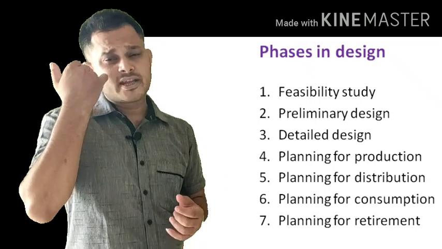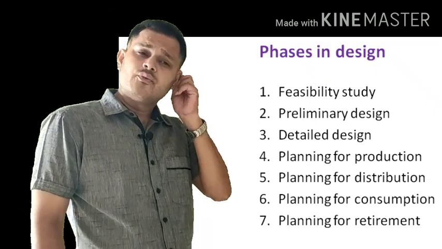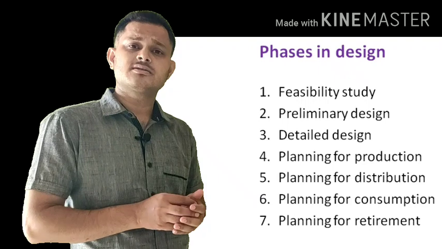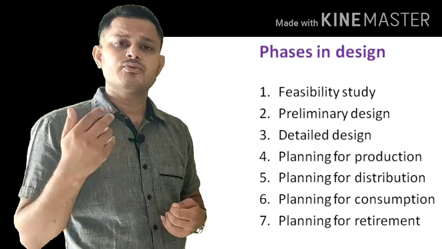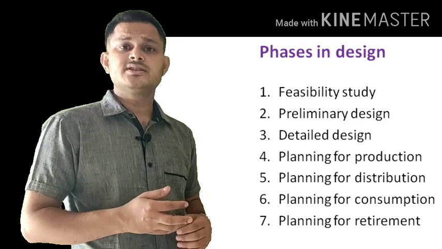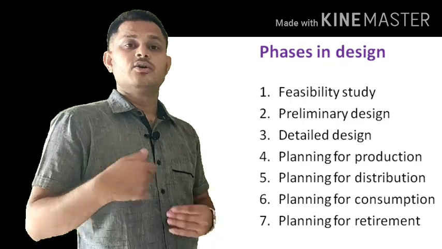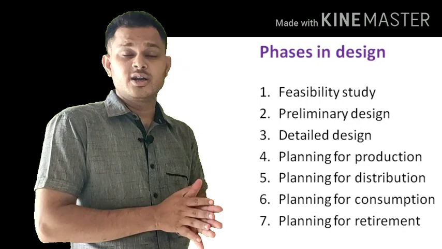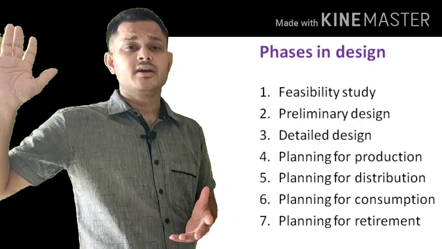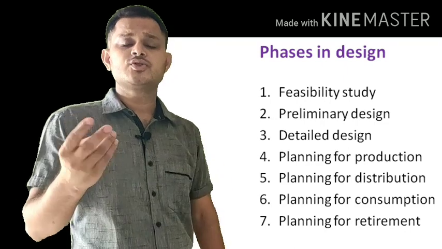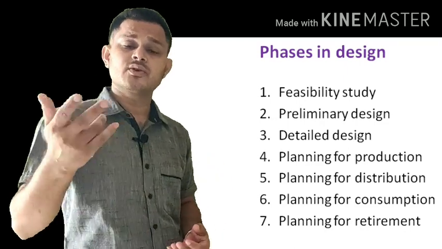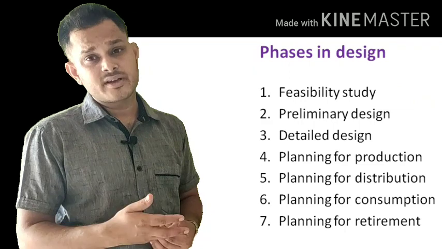Then comes planning for consumption. Now when the product is used by the customer, how frequently is it consumed? It is consumed on a daily basis, weekly, monthly, yearly basis, or for a decade. Like we have in our household different products. A few products are used for 1 to 2 days, a few for a week, for a month, for a year.